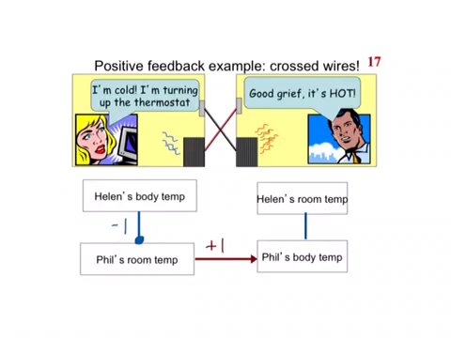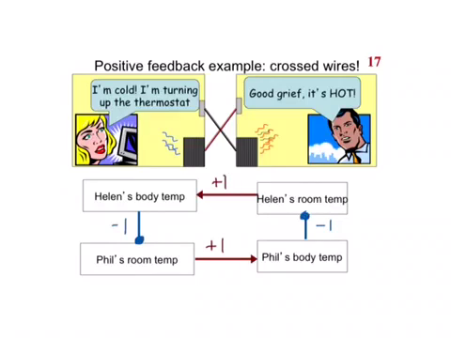So we draw this again as a line that terminates in a circle, and we assign that a value of -1. And then when Helen's room temperature goes up, as you might expect, her body temperature would also go up. You know what to do at this point. Give it a positive coupling with a value of +1.